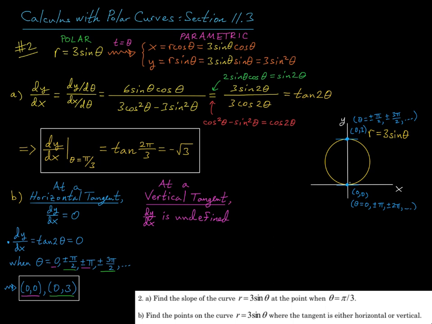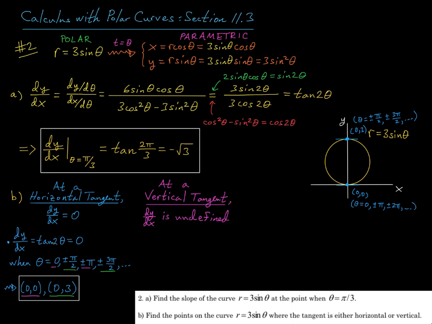It's describing the circle of radius 3 over 2 centered at the point (0, 3/2). So from just this picture alone, you can see you're going to have a horizontal tangent at the origin, right at the bottom of the circle, and a horizontal tangent here at the top of the circle at (0, 3).